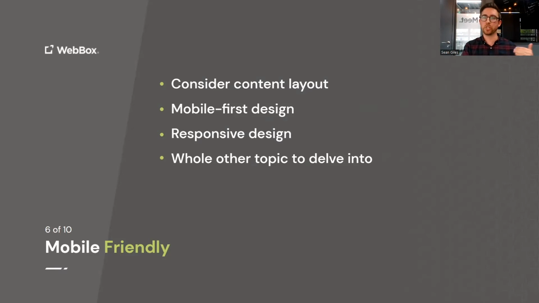It may be that the structure and the content can be laid out slightly differently on the mobile site, making it easier to read, or easier to add call to actions, or for someone to contact the business. So it's being more considerate with that content layout, and not just thinking of it as almost an afterthought once you've got your desktop site.